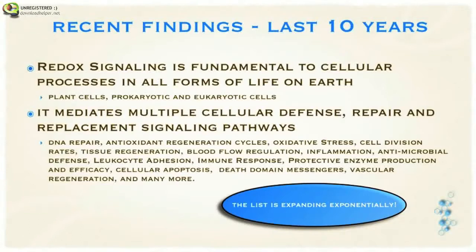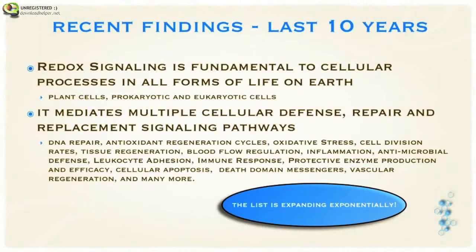In the last 10 years, there's been some astonishing findings in this field of redox signaling. This fundamental cellular process is involved in every single form of life. And many of the mechanisms involved for life and maintaining life involve redox signaling.